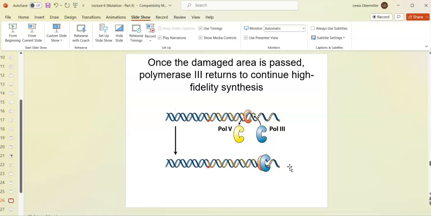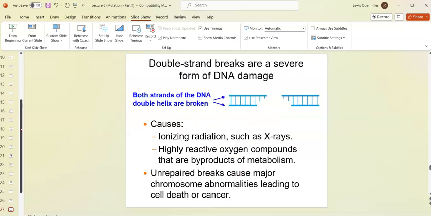So it's trying to process through a few hundred nucleotides. There's 10 nucleotides to every turn, so this, as the artist is representing, is about 50 base pairs before it switches back. And so the hope is that it's just going to randomly throw in the right nucleotide.